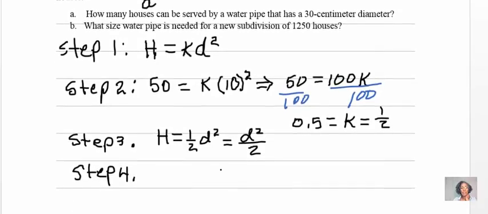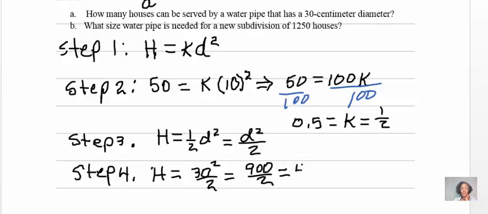So how many houses can be served by a water pipe that has a 30 centimeter diameter? So H equals 30 squared divided by 2. 30 squared is 900. When I divide 900 by 2, I get 450.